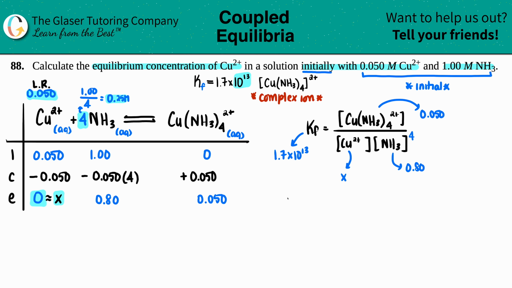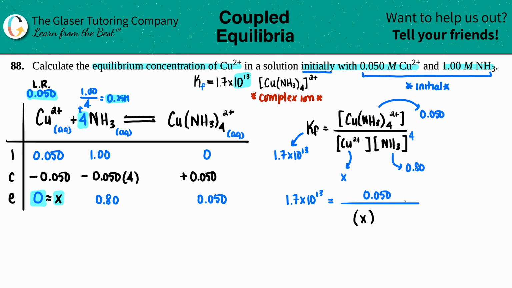Okay, so let's go for it. 1.7 times 10 to the 13th equals, let's see, I have the 0.050 on the top, and then we have x times 0.80, and that's raised to the 4th. We can basically combine this, right? 0.8 to the 4th is 0.4096.